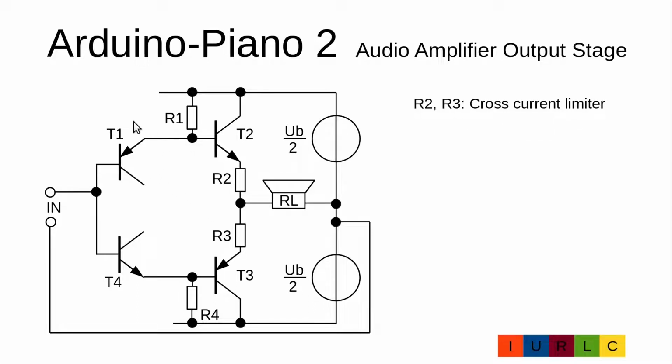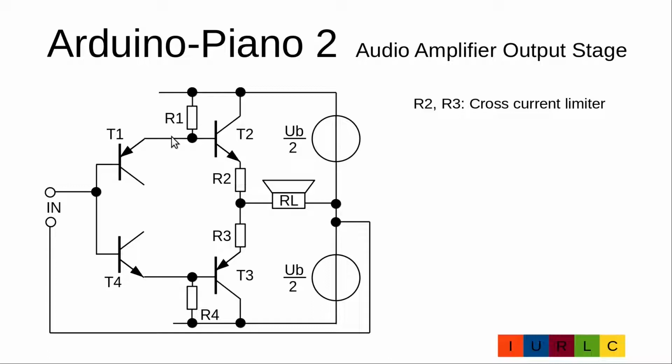Let us assume that these input stage transistors remain cold because they don't carry big currents and have a voltage drop of 0.7 volt here and 0.7 volt here. And these two output transistors carry a lot of current and get warm, and the base-emitter diode drops down to 0.6 volt.